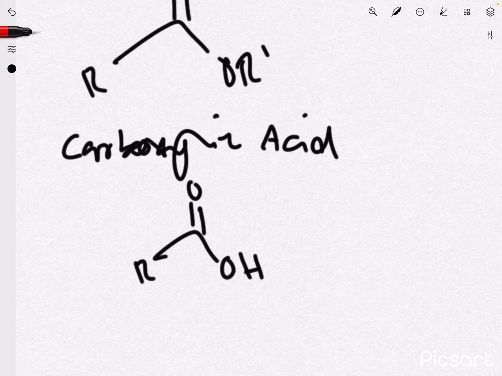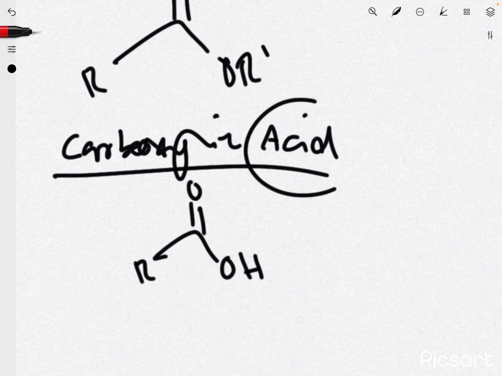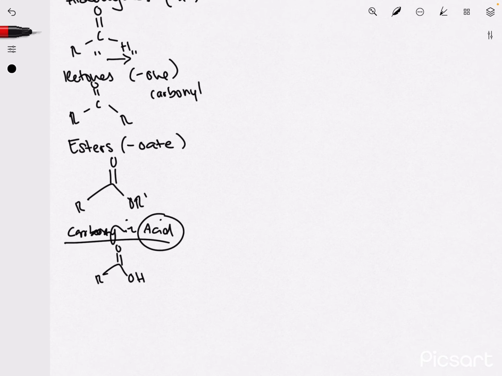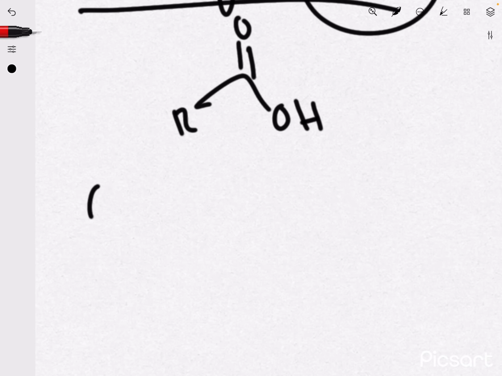And in terms of the IUPAC naming rules in reference to carboxylic acids, when you see a carboxylic acid present in your compound, do start your counting from this acid, as it does take priority. Now, as it is an acid, do keep in mind that this will be a proton donor in chemical reactions.